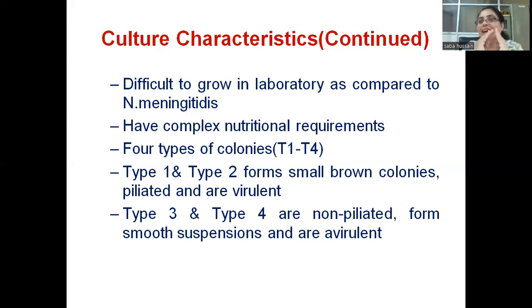So this pili adheres very strongly to the mucosal membranes, and that becomes a major cause, because once it is strongly adhered, then it grows and multiplies there, and so it becomes virulent also. So it's more virulent when pili are there. And type 3 and type 4 are non-piliated, so they form smooth suspensions, and they are avirulent also.